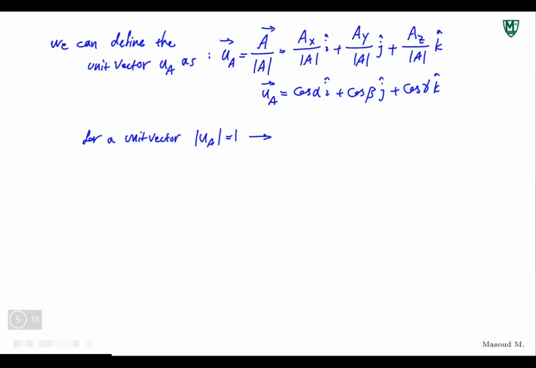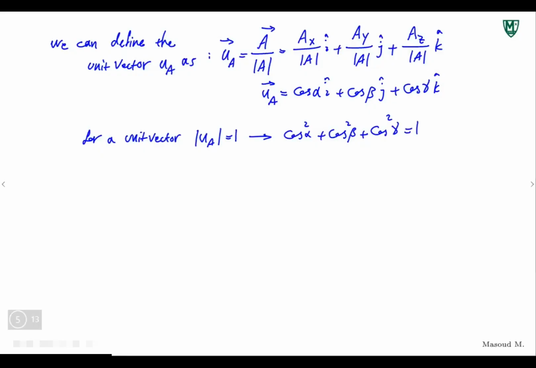What does that mean? It means I can actually write cosine alpha squared plus cosine beta squared plus cosine gamma squared is equal to 1.